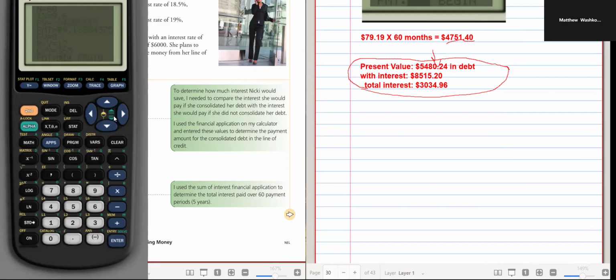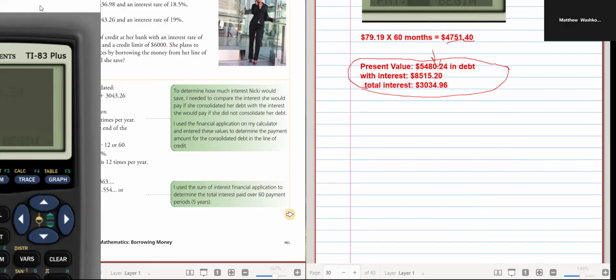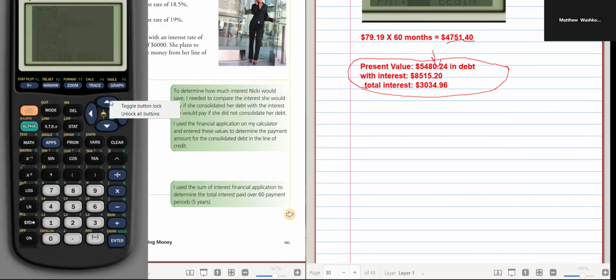I'm adding both those credit card debts up. 0.24. Now, her payments are, we don't know. That's what we're trying to find out, right? So I'm going to put 0 there for now. Future value, she wants it to be 0. Now, payments a year, she's doing 12, and compounded periods a year is only 12 because it's compounded monthly. So if I do that, now I can just solve for the payments.